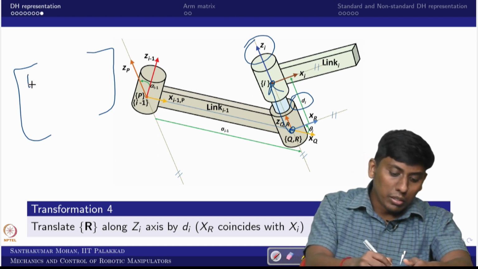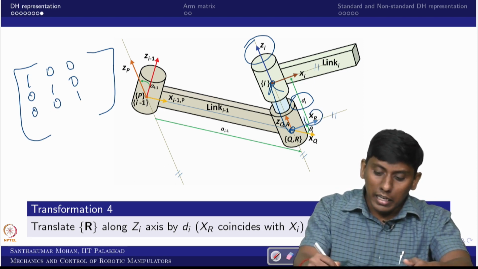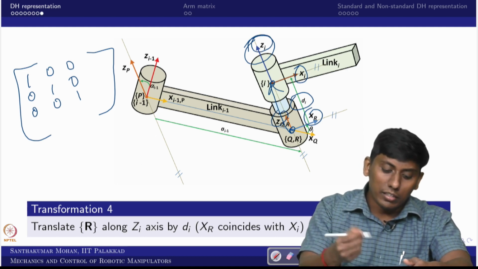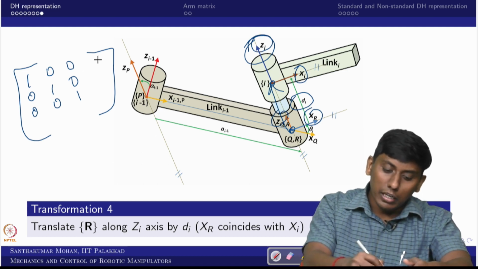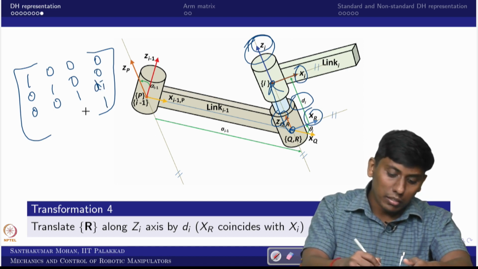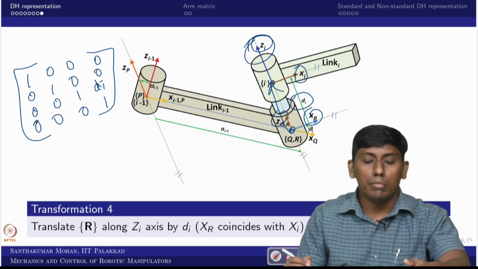This part is an identity matrix, because there is no rotation: xr and xi are parallel, zi and zr are parallel. In addition, we translated by di along the z axis. So this is the final transformation matrix.